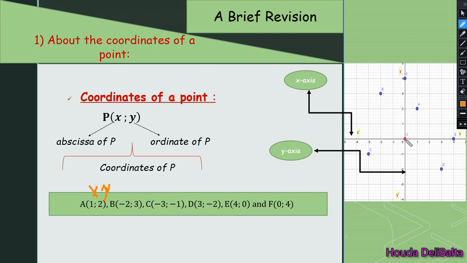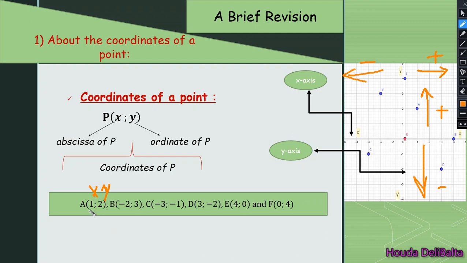We have to move 1 in the positive sense, as you know. This is the positive sense along the x-axis, and this is the negative sense along the x-axis. Upwards is the positive sense along the y-axis, and downwards is the negative sense along the y-axis.